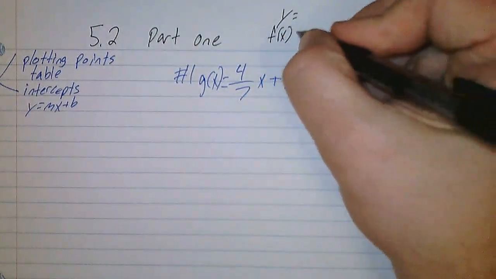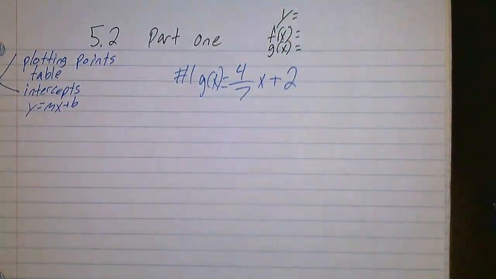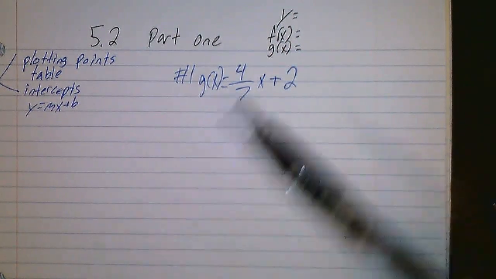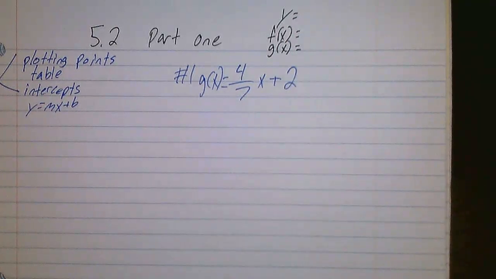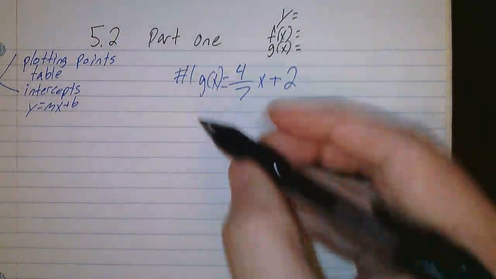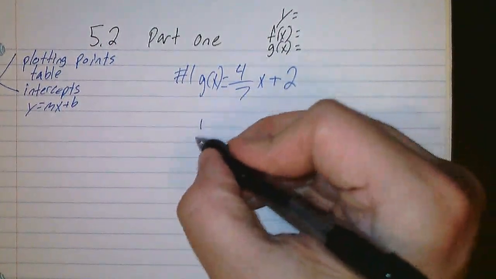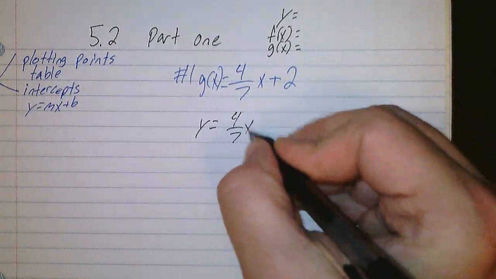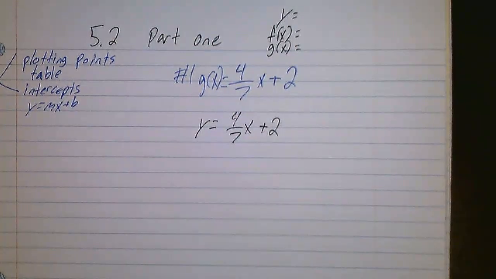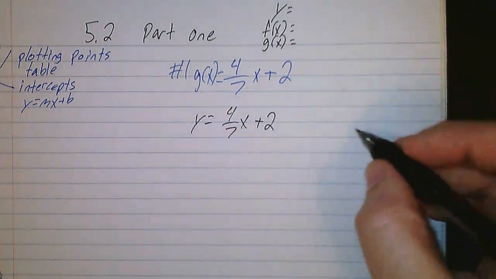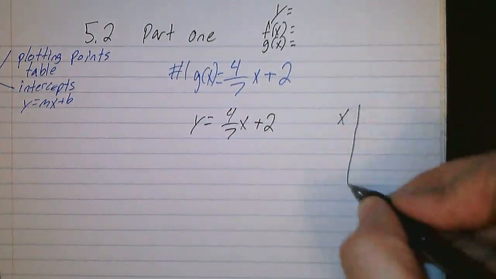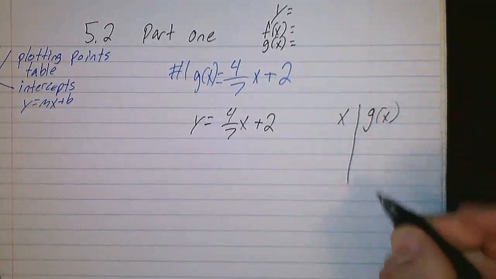They can start with f of x equals, g of x equals, h of x, whatever. These all mean the same thing. It's function notation, but MATH 1332, the course that you're in, is not a very function-heavy class. So we just need to know that we're looking at basically y equals 4 over 7x plus 2. And this really won't affect the problem any. This is what the answer blank will look like.